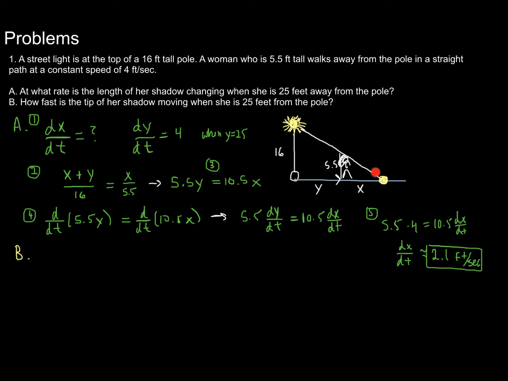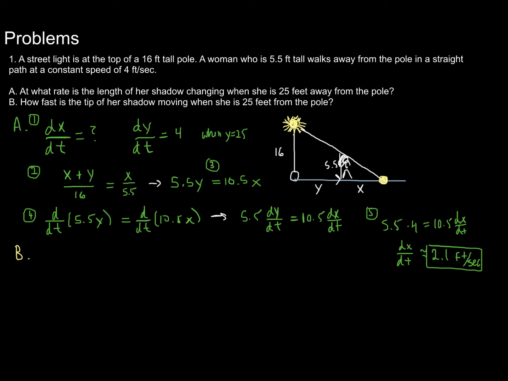That means that the tip of your shadow is not just changing because of the shadow itself, but also because you are walking away from the light source. In other words, the tip of your shadow is changing at the same rate as this entire horizontal length. Not just the length of x or the length of y, but in fact the total length, which is y plus x.